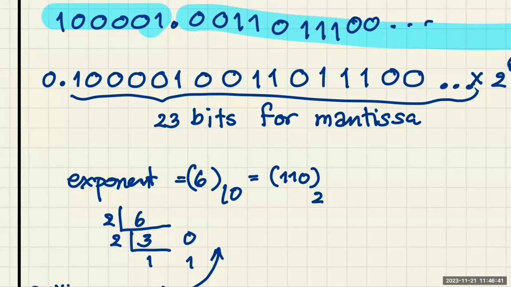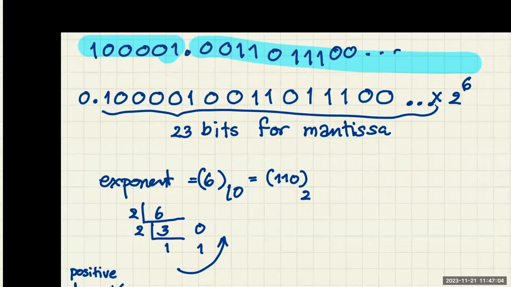And they said, why should we store a number when we always know the information? Because after we do the normalized floating point form, the first number is always 1. So we ignore that part. We will not store the number 1. Okay, so they do that.